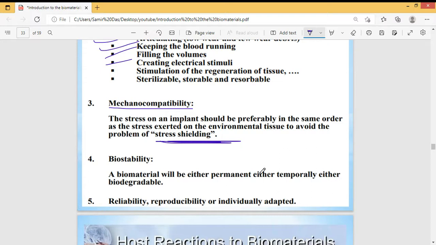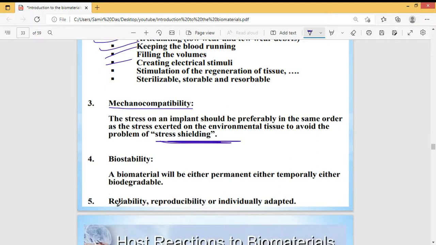If it is going for a permanent prosthesis, then we have to take care that with time it will not degrade or develop any toxic reaction with the biological system, or else it is a biodegradable one. So we have to check those things before going through the implant process.